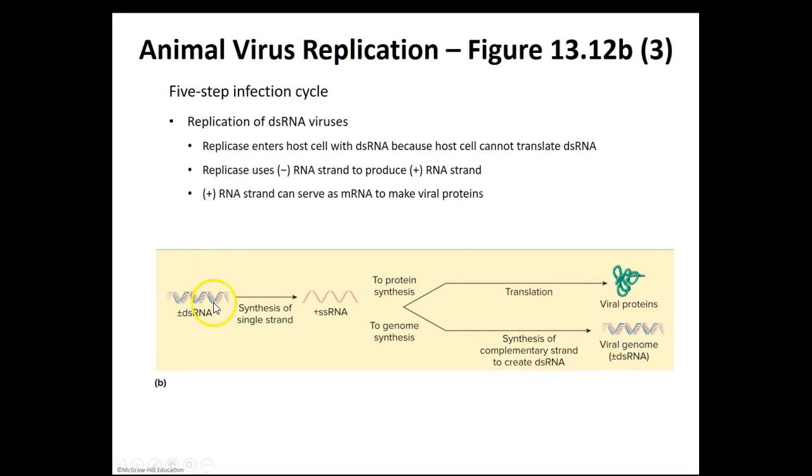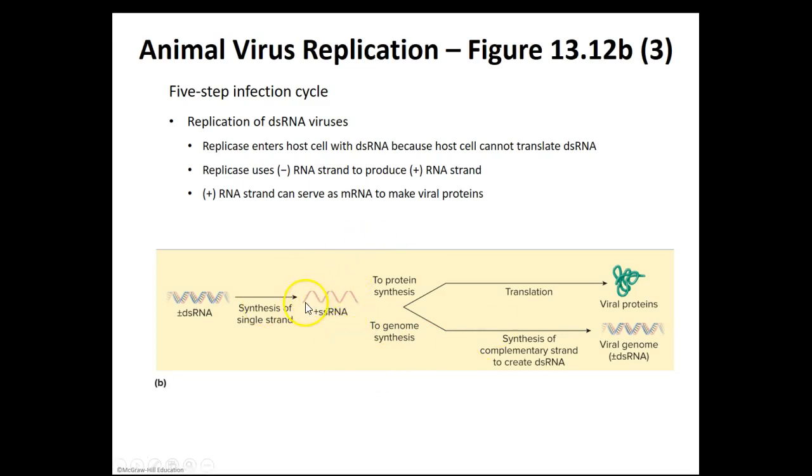Once the viral genome along with the replicase enter the host cell, you're going to be able to unzip this double-stranded RNA molecule, and then you can use the minus strand of the RNA molecule as a template for the synthesis of plus-stranded RNA. Once you have your plus-stranded RNA, you can feed that into the process of translation in order to produce more viral proteins.